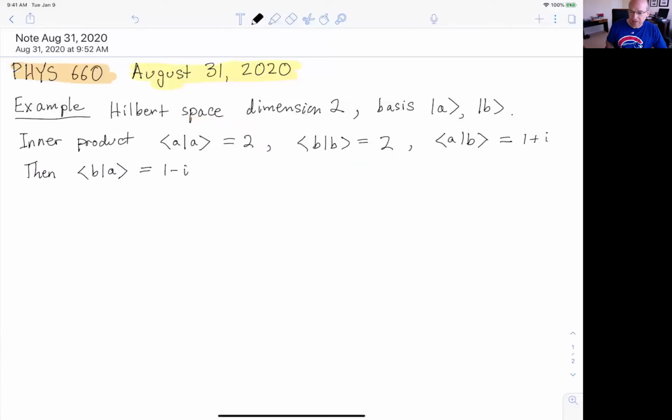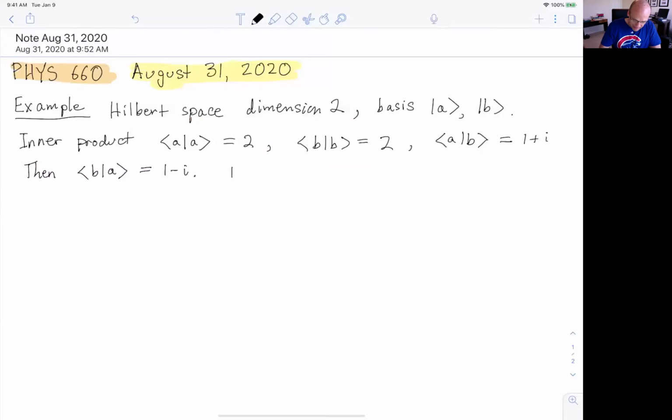I have no choice. If I told you it was anything different, then you would know I was lying. Now I've told you all the possible inner product pairs of A with B, and so you know what the inner product is for any vector in the Hilbert space by taking linear combinations. And we'll see how that works in just a second.